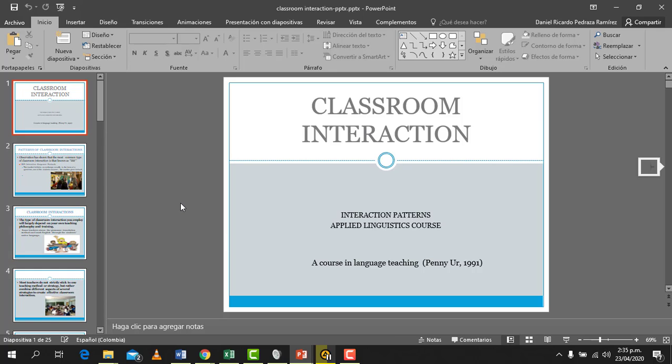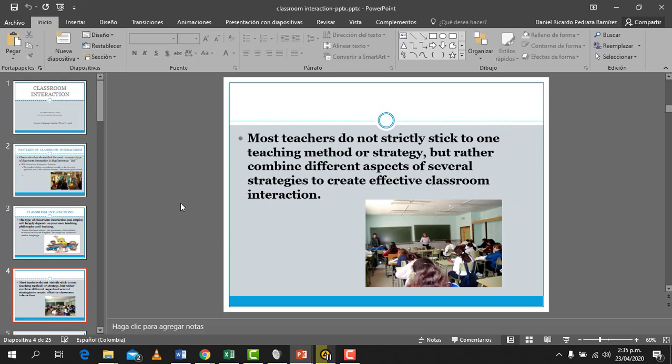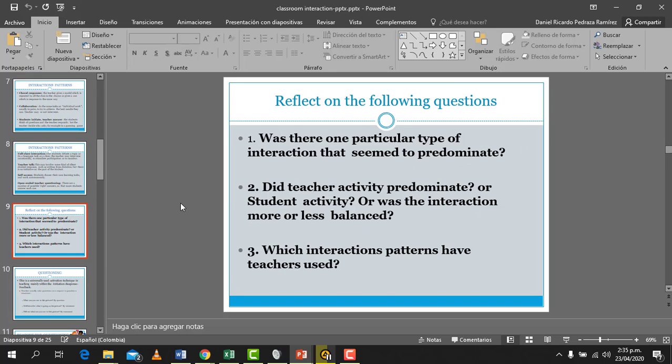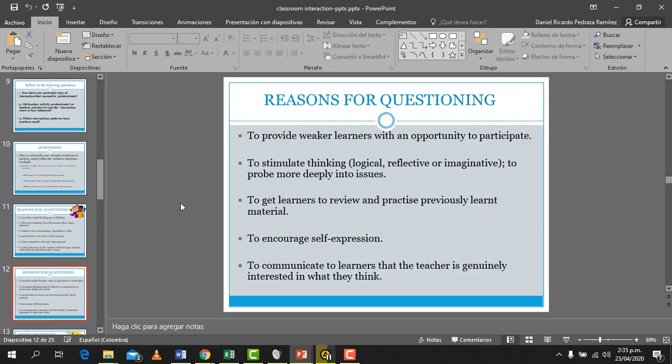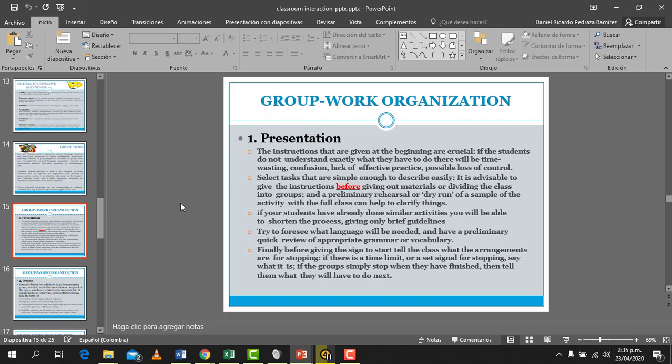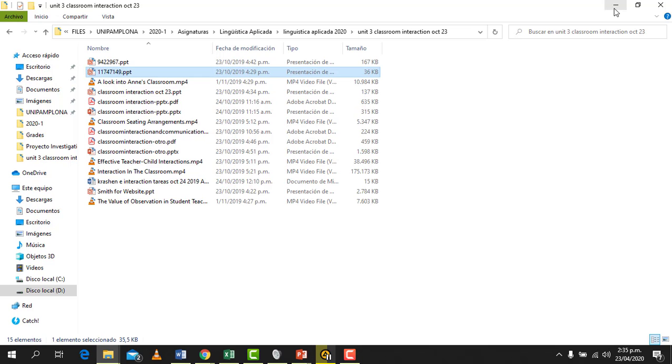In the implicit one is when we are able to, I don't know if I'm wrong, but it is when we provide corrective feedback. Yes, I don't know.